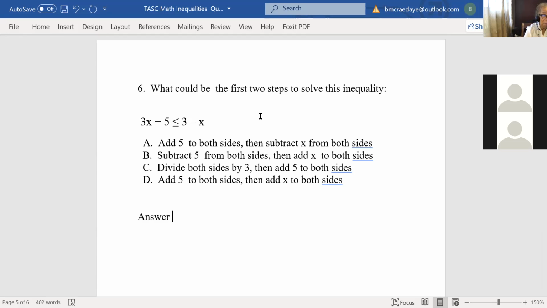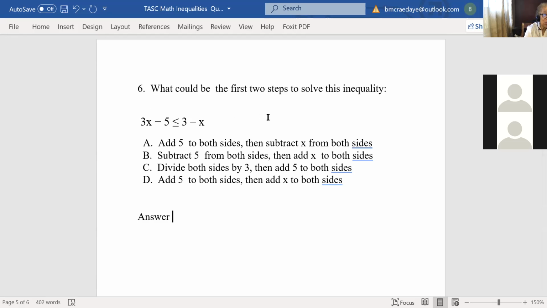Now remember, you can eliminate answers if you look at your operations. Both of these are subtracting, right? What's the opposite of subtracting, Vanessa? Addition. That's right. So anything that doesn't say add, you can eliminate. That's how you can make your work easier.